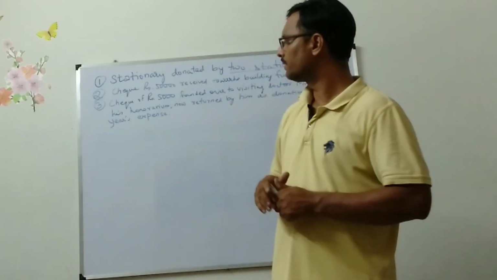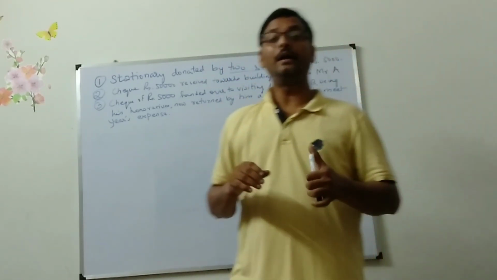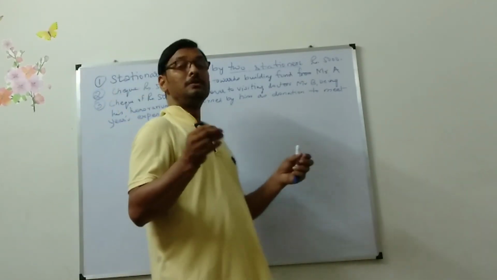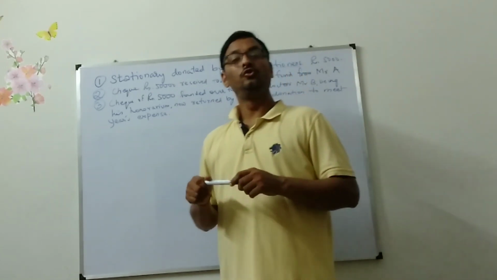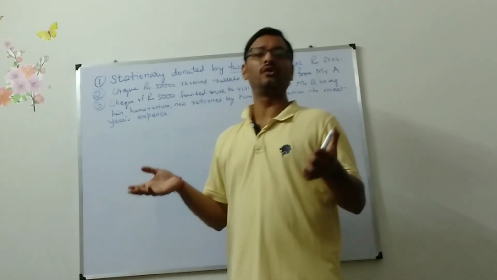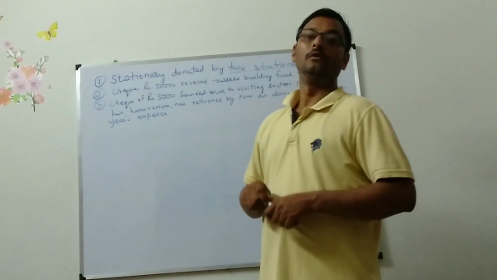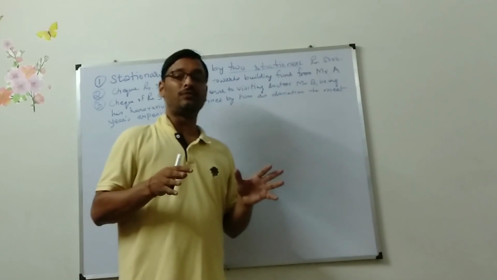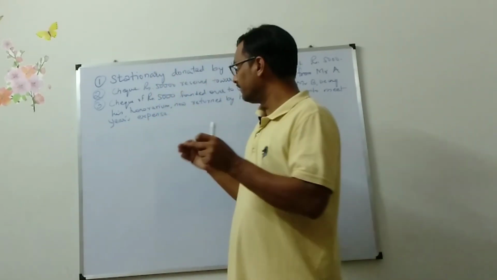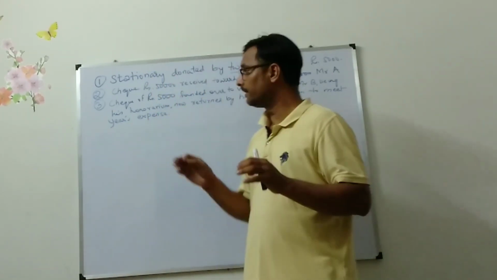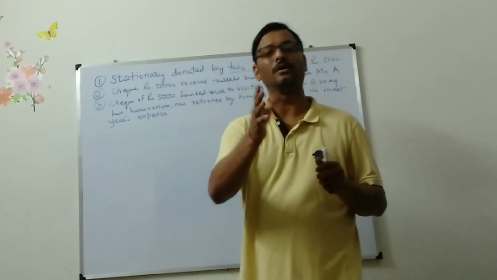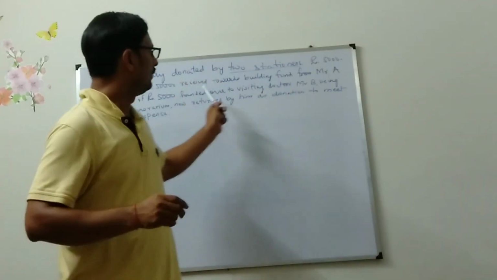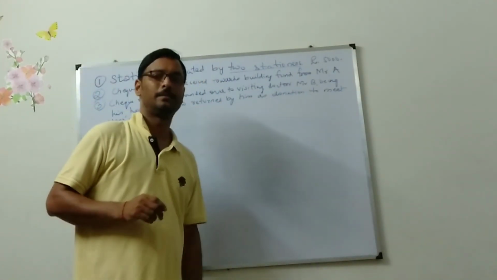Suppose you are a club and you have started one medical camp. You have asked one of your friends, a doctor, to come and look after all the patients who are coming. When everything has finished, as an honorarium, you are giving a check of 5,000 rupees, and that friend's name is Mr. B. You have given that check to Mr. B.